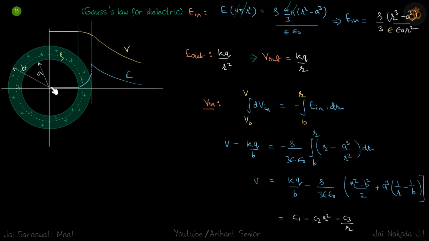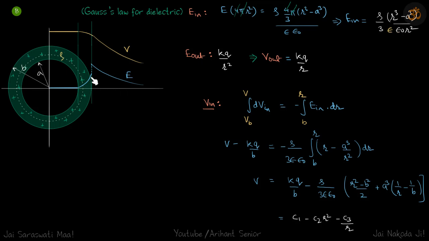So let's see the electric field first. Inside it is 0. Then E in is a function of R minus some constant by R square. So because it's proportional to R, it's going to increase, but not linearly, because we have a function of minus a cube by r square also.